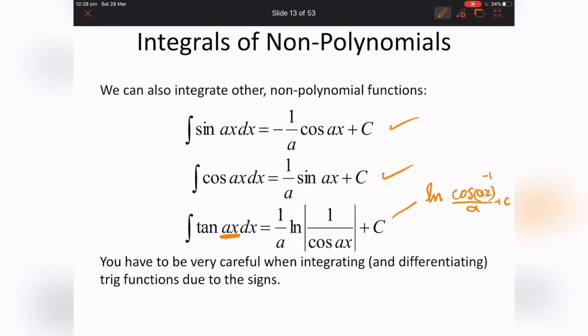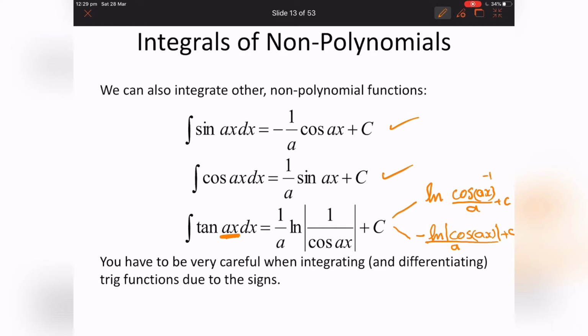So cosine inverse means 1 over cosine, or we can write it down as minus ln of cosine ax inside a modulus plus c, and this is divided by a, because this is the derivative of ax.